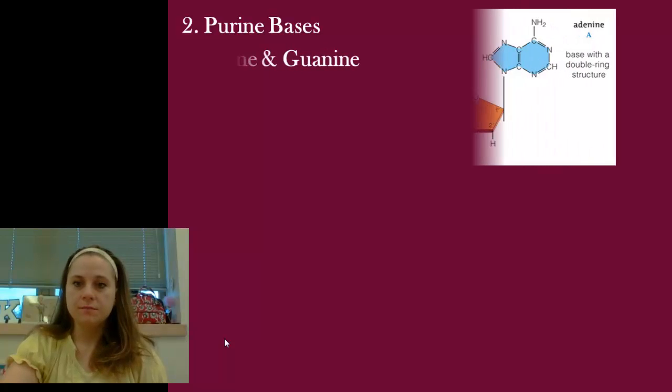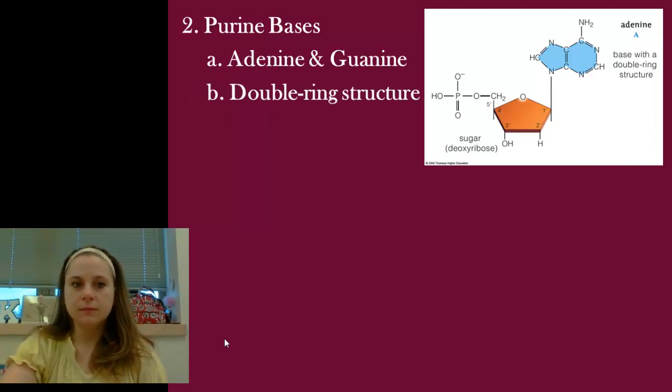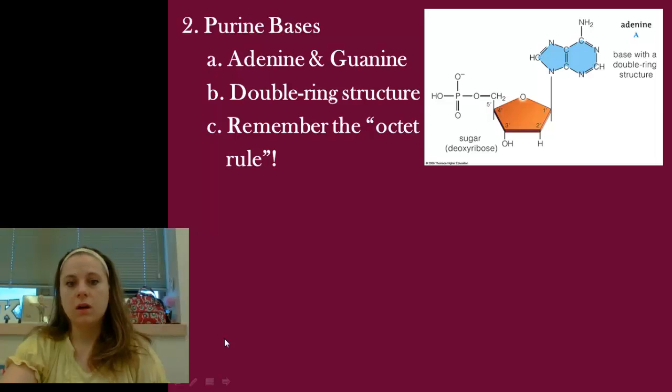So purines, adenine and guanine, and here's the neat thing, a purine always binds to a pyrimidine. Mentioned double ring structure. So here we have the octet rule, just reminding ourselves on covalent bonding.